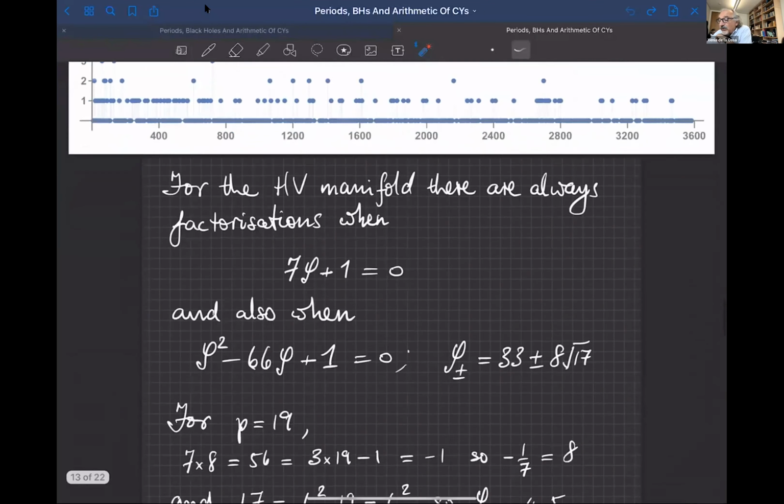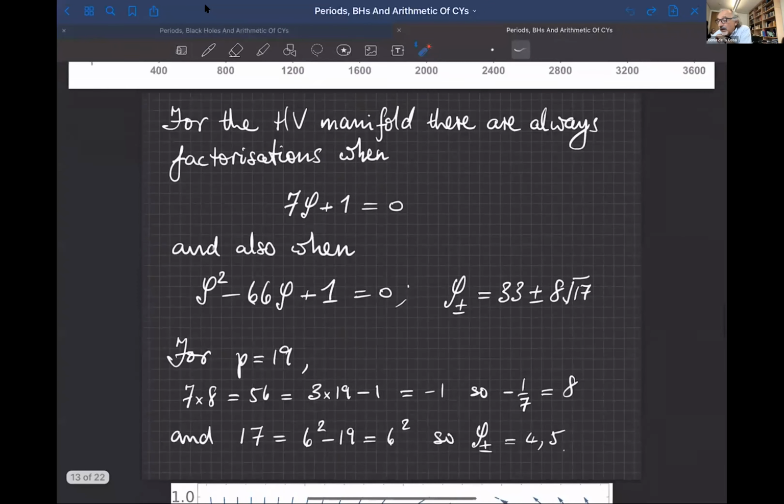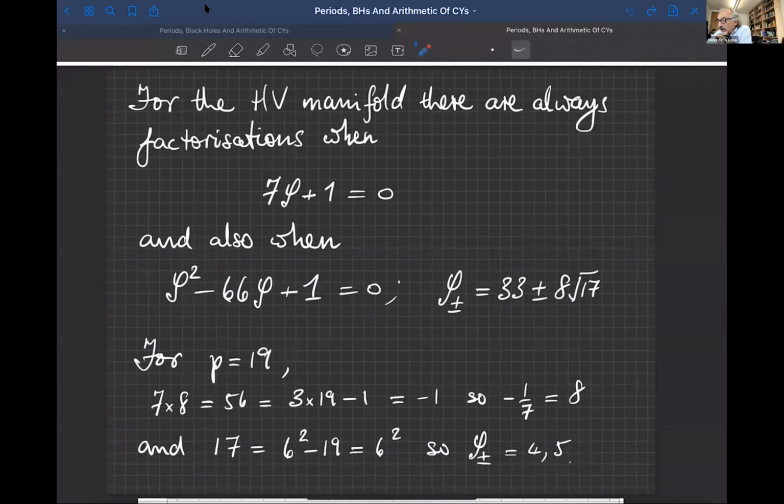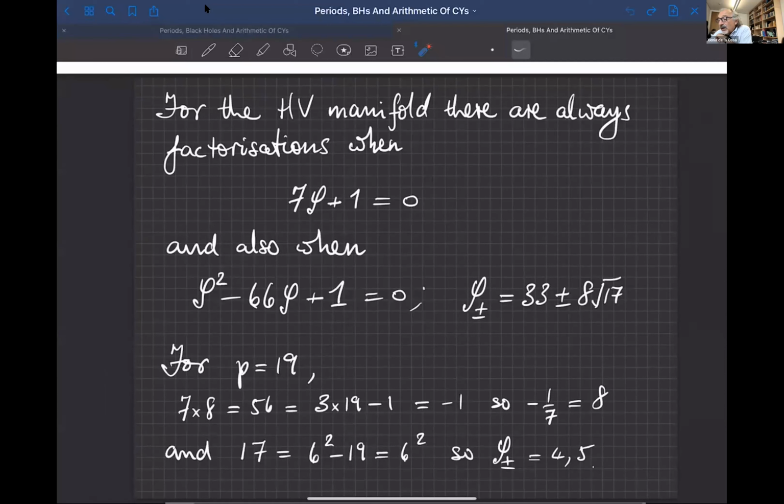And in fact, once you know this, you look for a linear polynomial which has the required property, and you notice that 7 phi plus 1, when phi is minus a 7th in F_p, then the polynomial always factorizes.